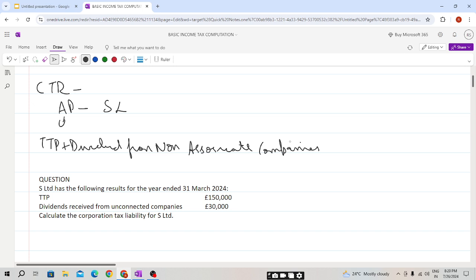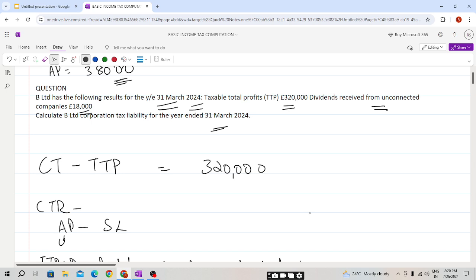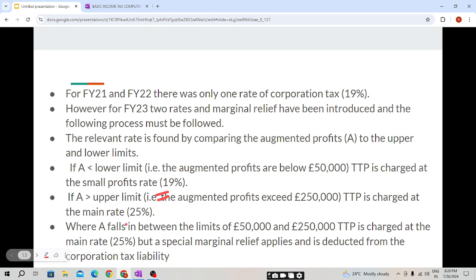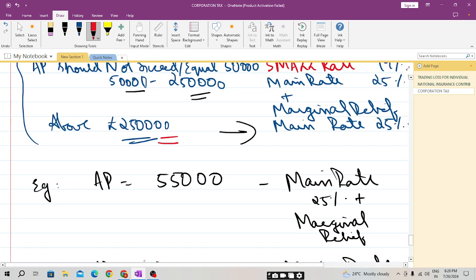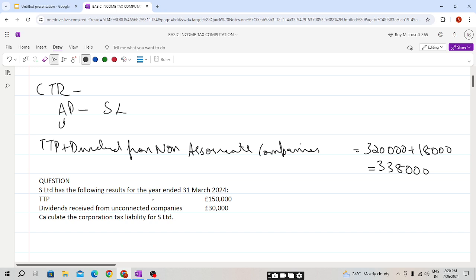As we have already seen, the dividend received is exempt, but the dividend will be used to determine the corporation tax rate. So here our TTP plus dividend will be 320,000 plus 18,000, that is 338,000. As our augmented profits exceed 250,000 pounds, the profits will be taxed at the main rate.